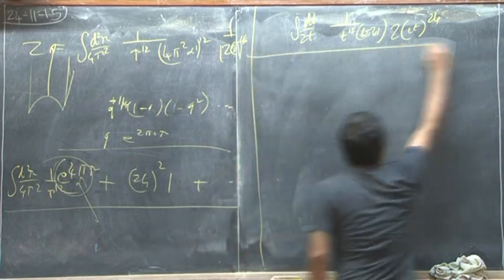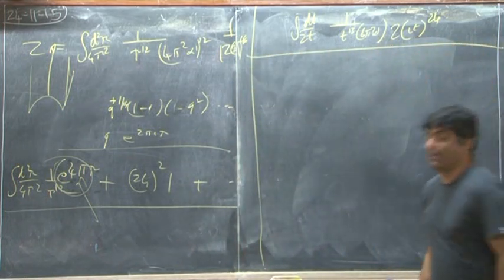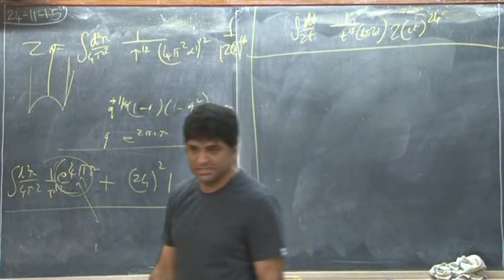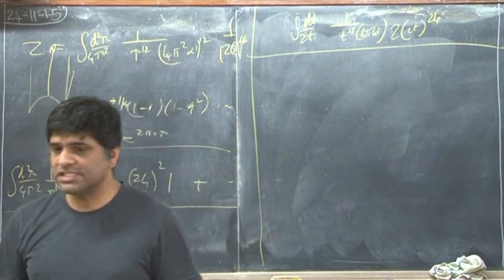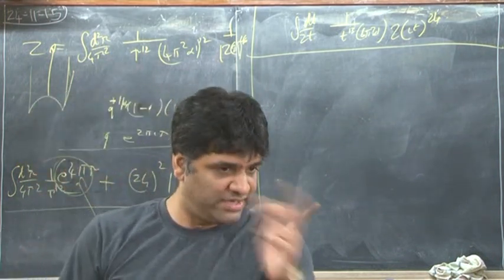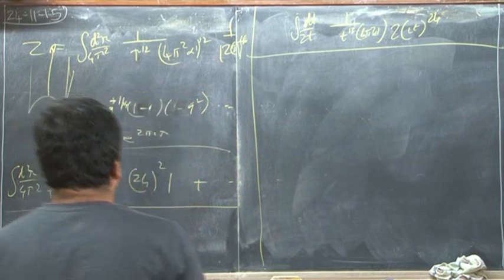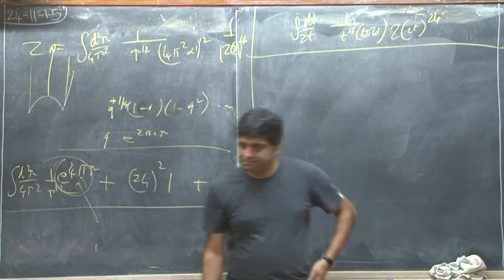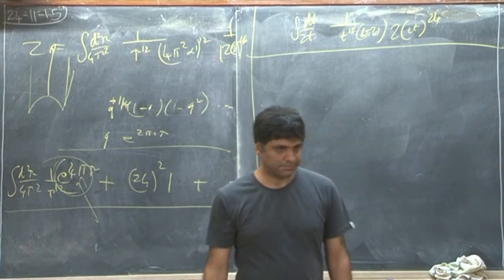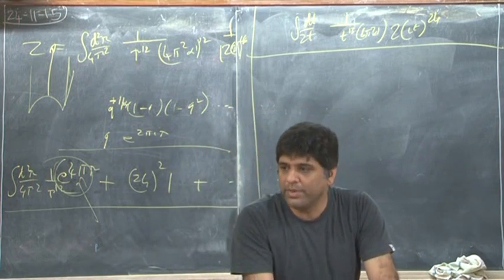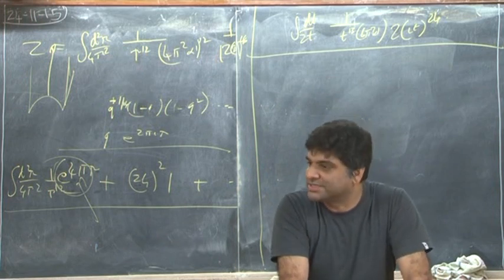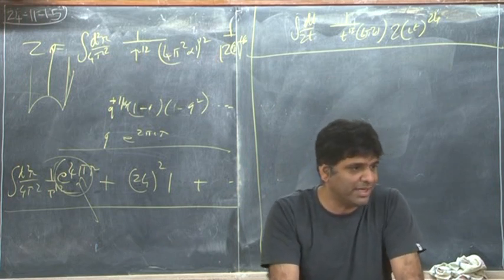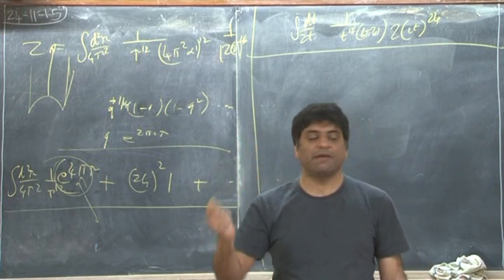Now, in this case, there are two kinds of divergences. The first divergence was at t goes to infinity. We had a very similar analysis of that divergence. As t goes to infinity, we expand the eta function.